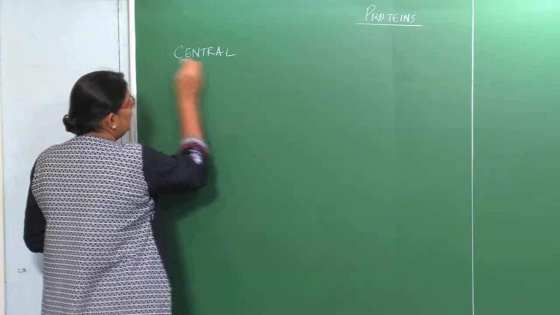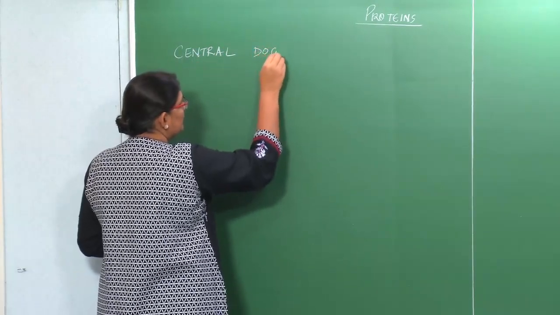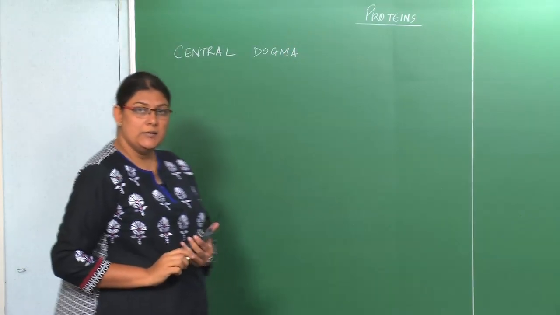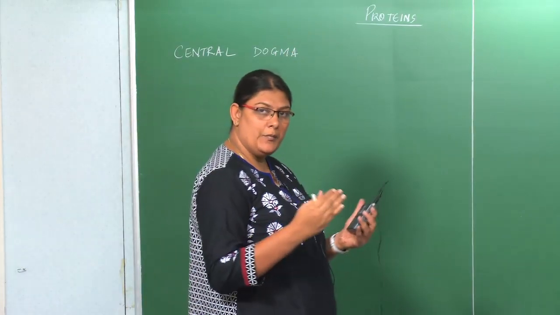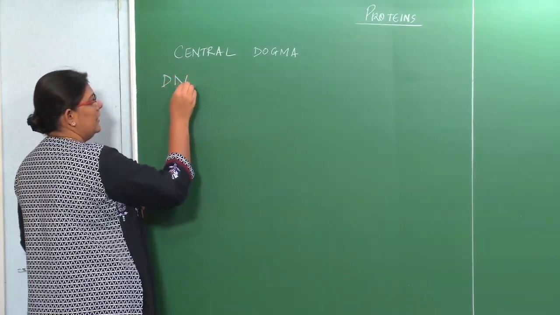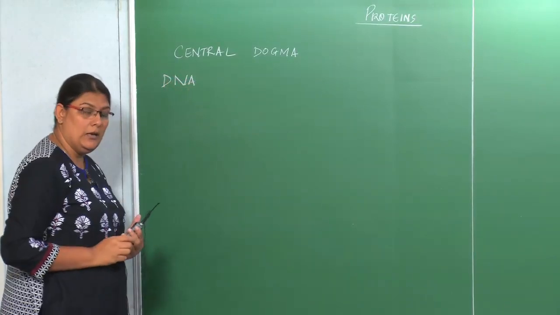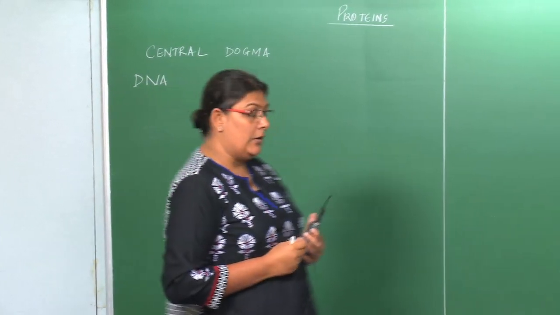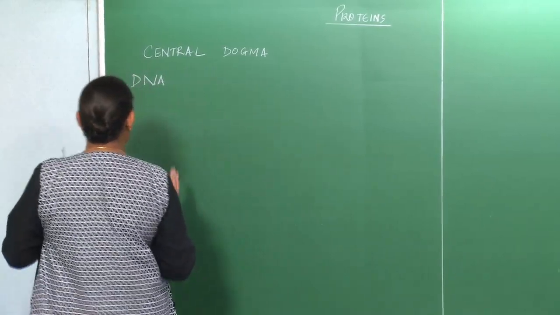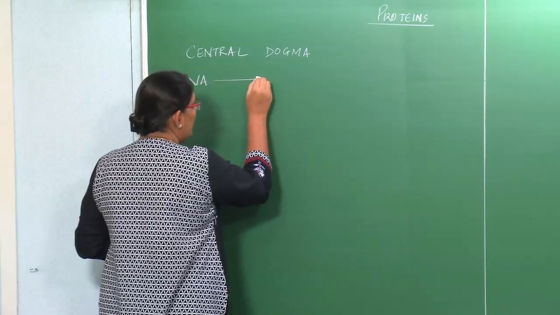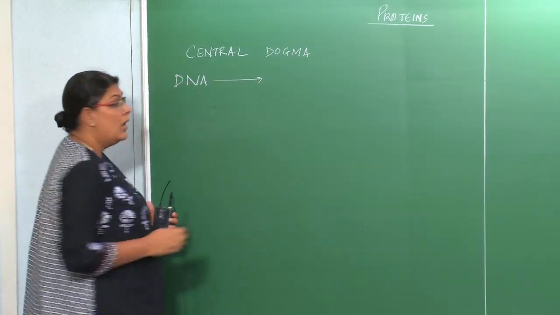All right. Now, central dogma, what it says is that most of our information is stored in DNA, our genetic material. And this is like what I said, your instruction manual. Now, these instructions which are stored in DNA are then copied into RNA.